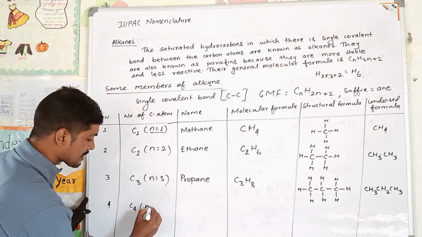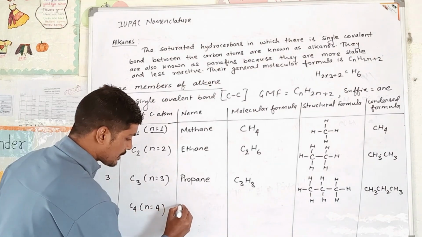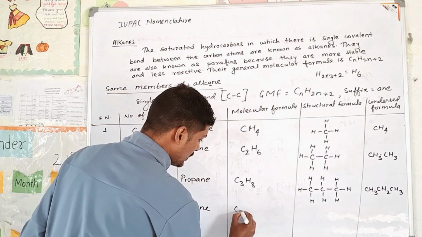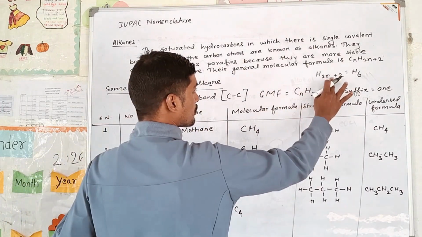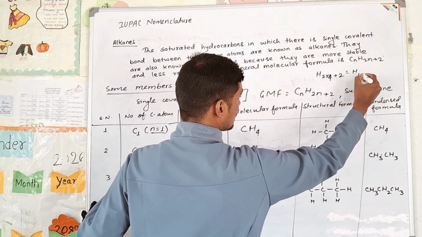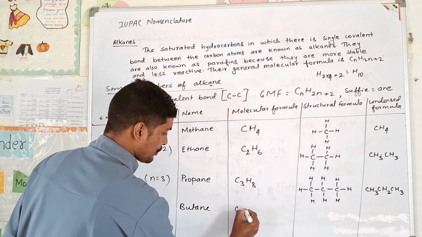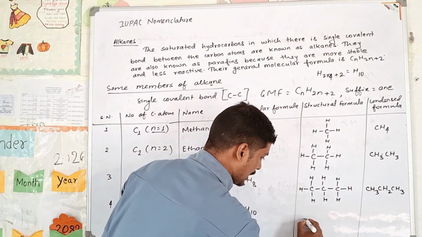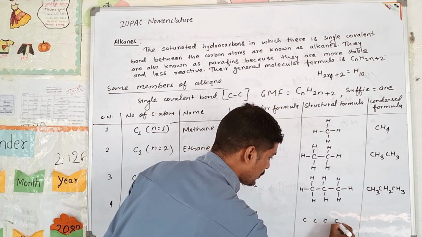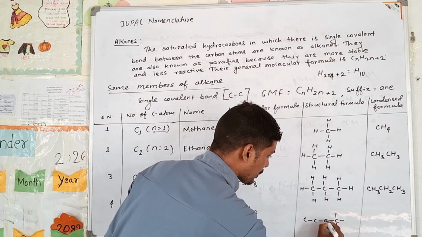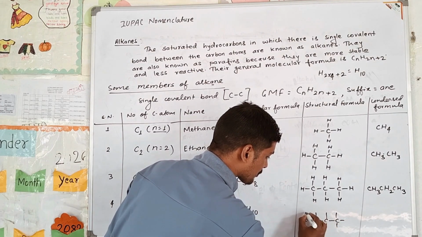C4. N is equal to 4. The name is butane. C4H how many? Place here 4, it will be C4H10. Now make 4 carbons, 1, 2, 3, 4. Place a single bond between the carbon atoms. Complete 4 bonds around each carbon atom.